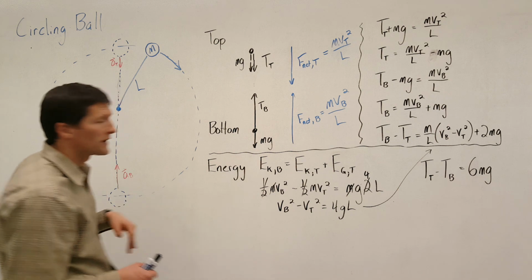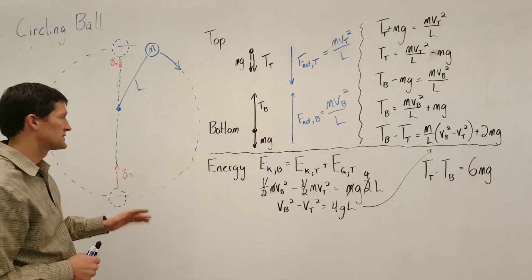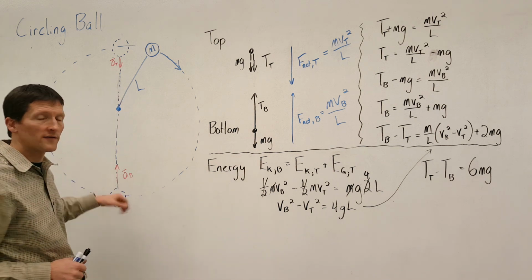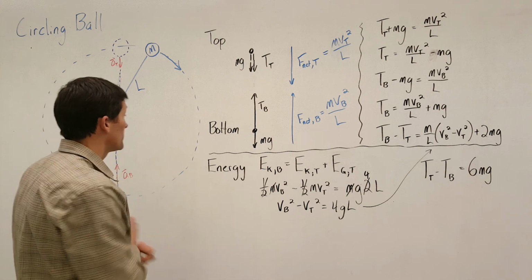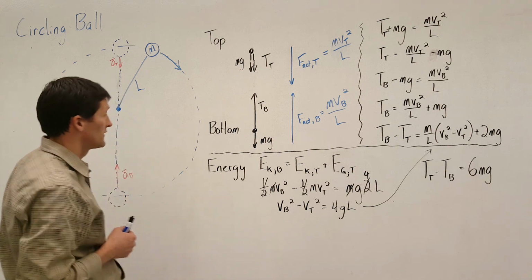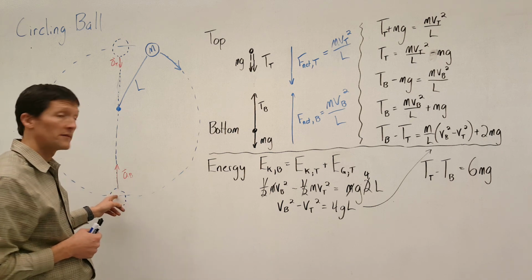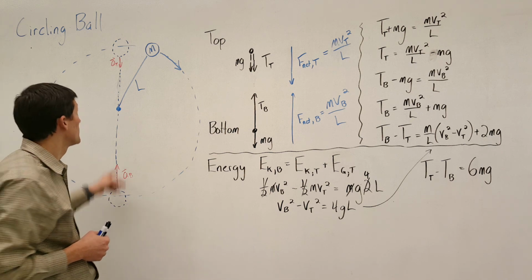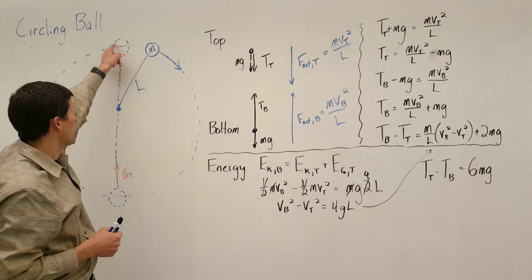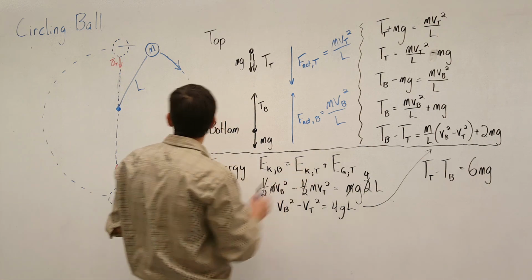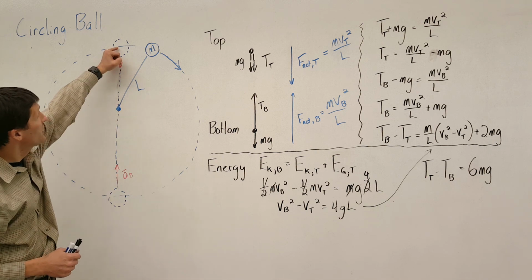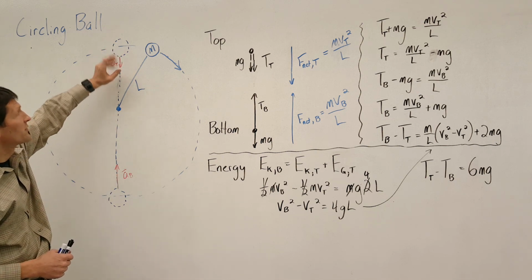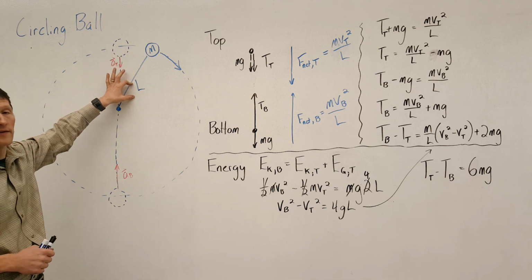There I'm making a little bit of a decision: I get to choose wherever I want the zero point of gravitational energy to be, so I'm going to choose the zero point to be at the bottom, and then the top point will have more gravitational energy, and the amount more will be based on how much higher it is, which I also notice to be twice the length of the string.